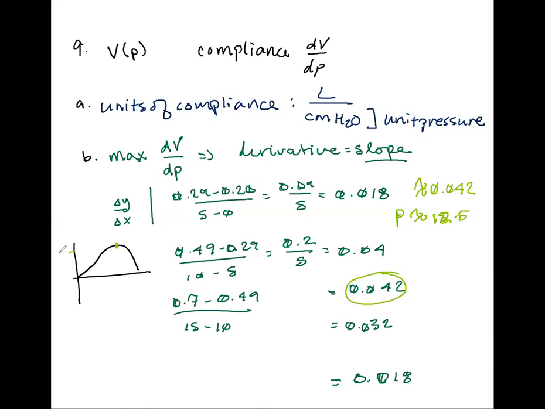This is 0.042. And then we have these other points, for instance, 0.018, where we have that here and here. So you can see the shape of this graph that way.